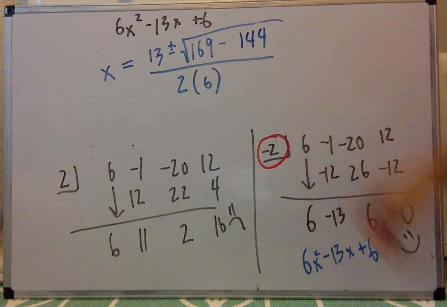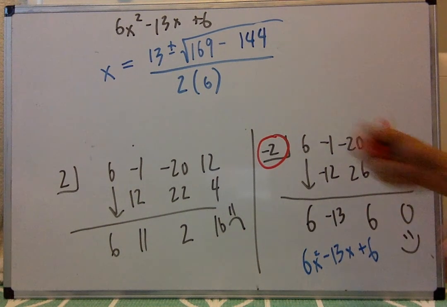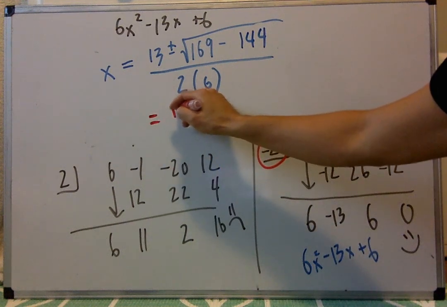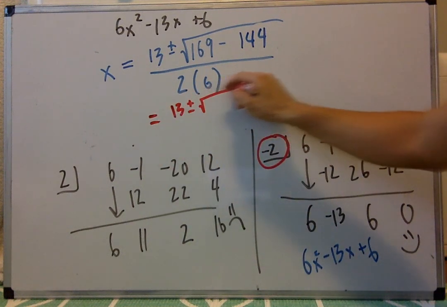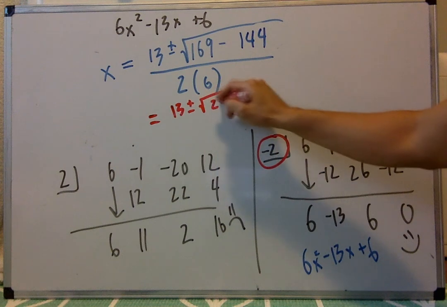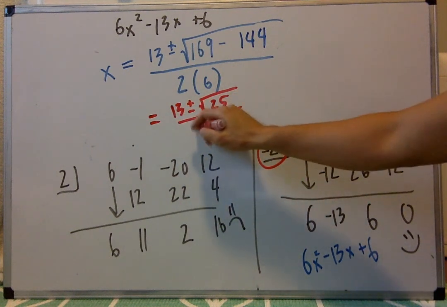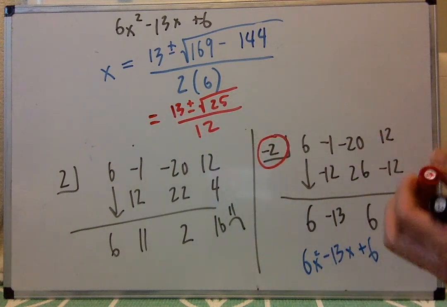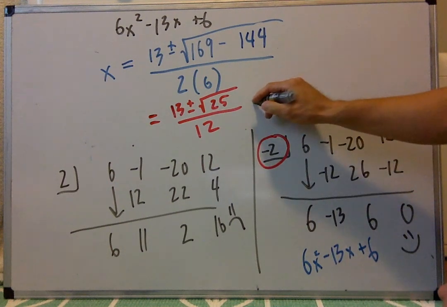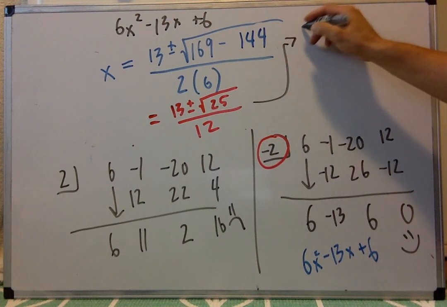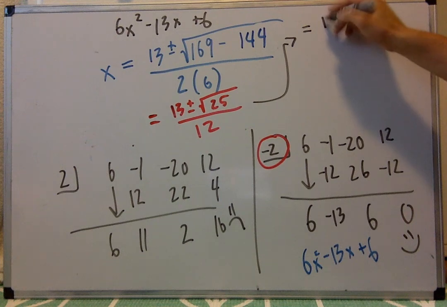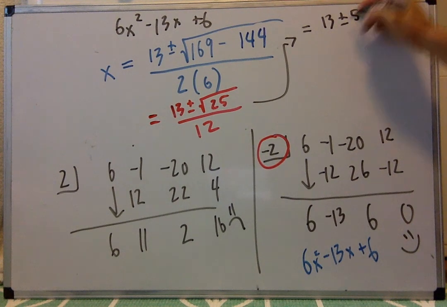Let me simplify below. So let's try to fit it right here. It's going to be 13 plus or minus the square root of 169 minus 144 is 25, which happens to be 5, divided by 2 times 6 is 12. And we'll switch to black up here. That's equal to positive 13 plus or minus 5 divided by 12.